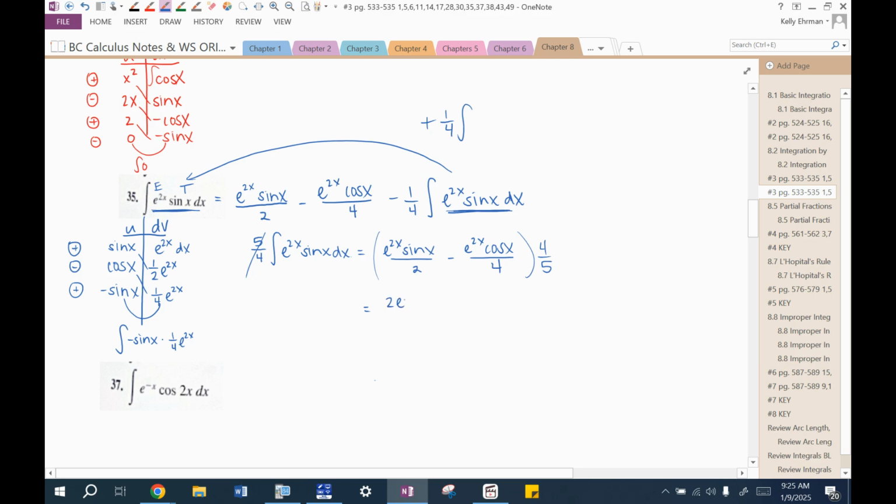So 2 e to the 2x sine x over 5. 4's cancel out, minus e to the 2x cosine x over 5. I could simplify those and combine if I want to, but it's really not necessary. So I'm just going to leave it like that.